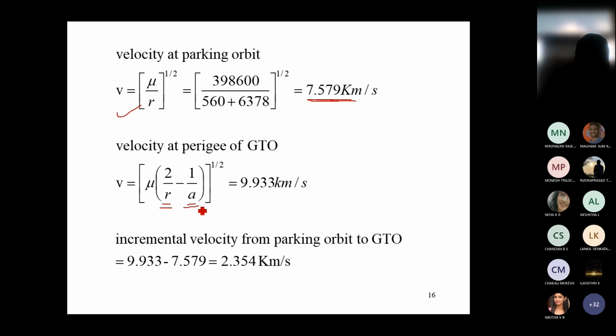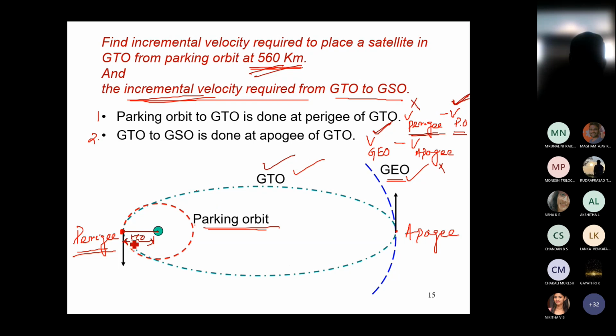Whereas the A value, the semi-major axis, is this distance plus this distance divided by 2. That means from the center of the earth to perigee, how much is the distance, and from the center of the earth to apogee, how much is the distance?